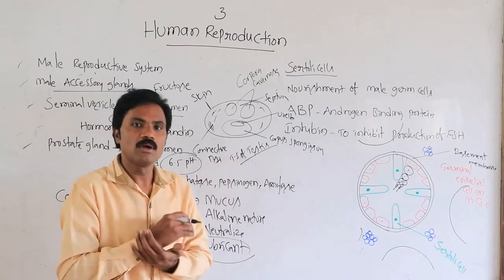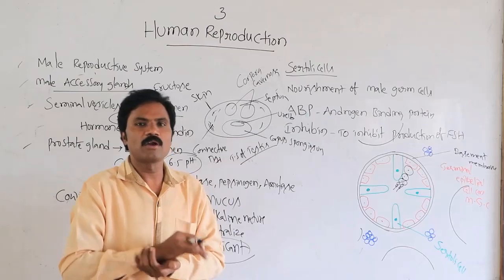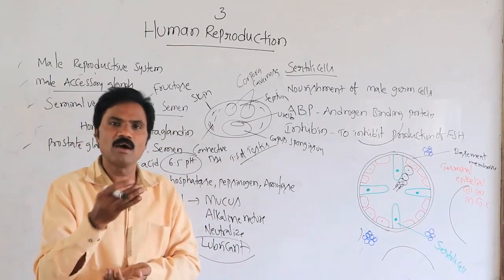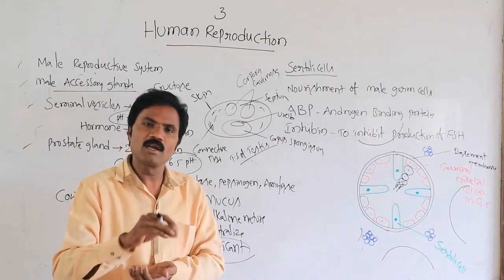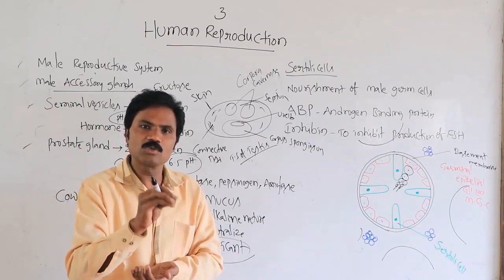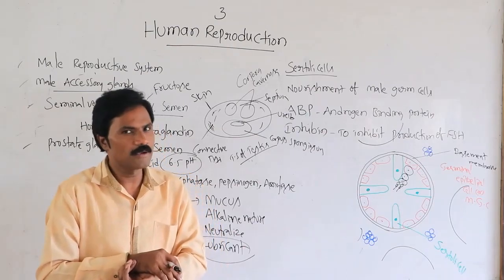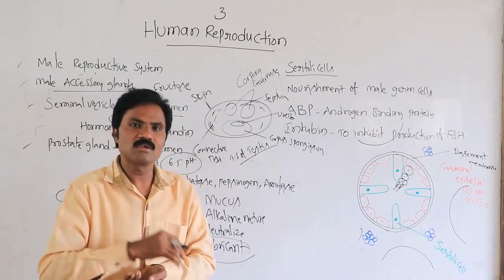Then related to accessory glands, what is their important role, what do they secrete, what do they contain? They secrete to the semen or seminal plasma. What does it contain? It contains fructose, calcium as well as certain enzymes. Okay? The remaining we will discuss in the next class.